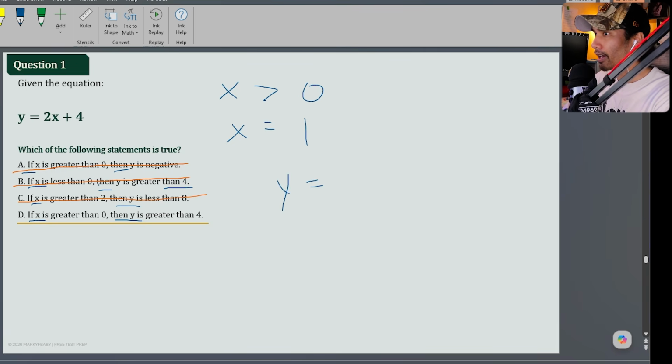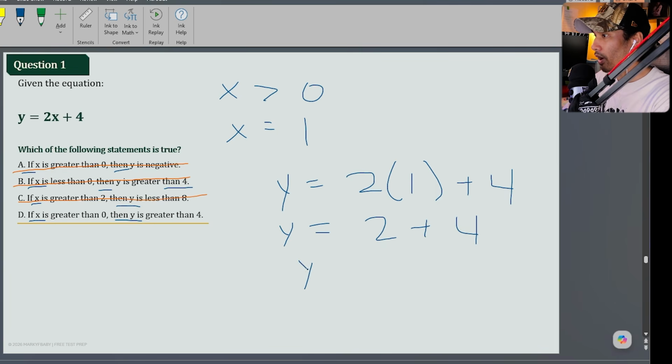I think we did this equation for A, so I am going to just do it over again. And it will be greater than 4. 2 plus 4, y equaling 6. And this is in fact greater than 4. Answer choice D is the correct answer.